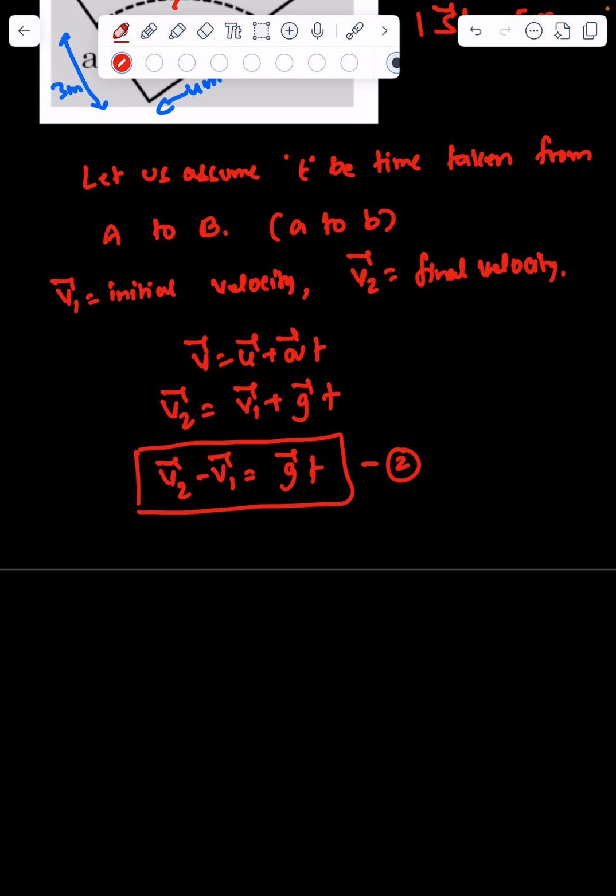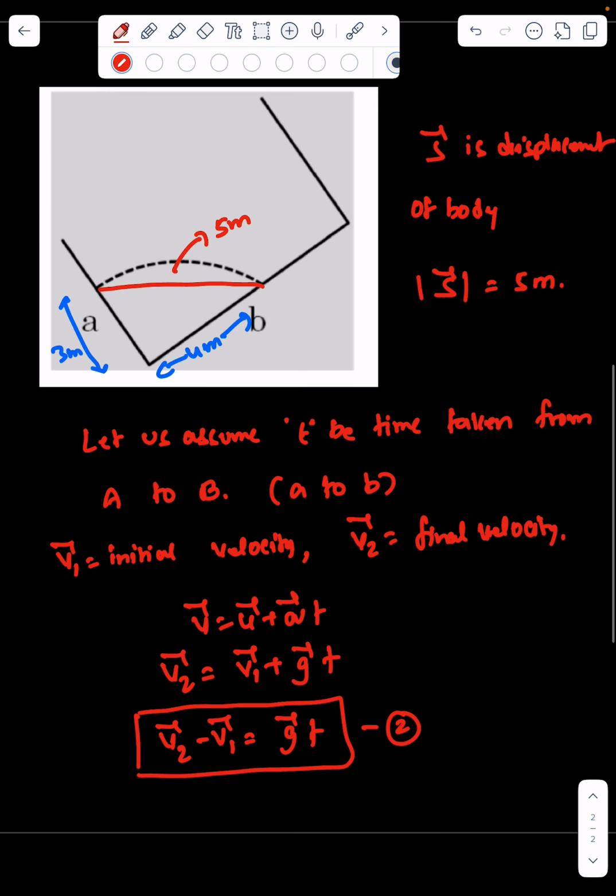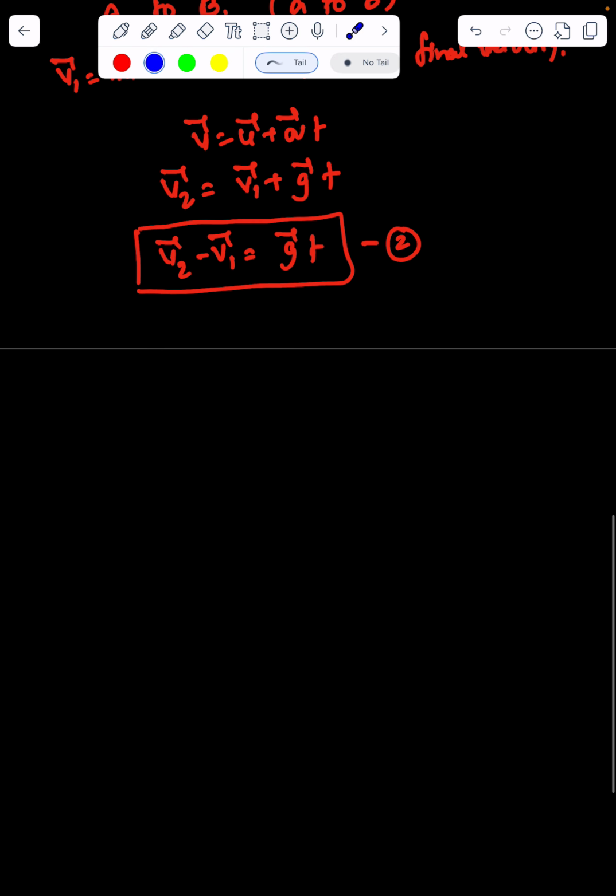And the third equation: since the body is moving under uniformly accelerated motion from A to B, we can calculate average velocity. Average velocity is equal to total displacement by total time taken. So S bar is the displacement and time taken from A to B is t, so average velocity is S bar by t.